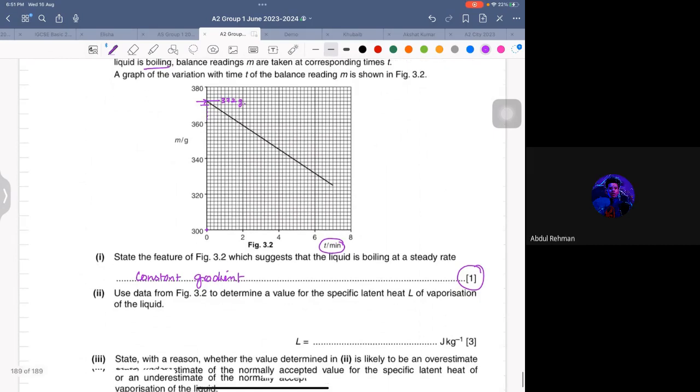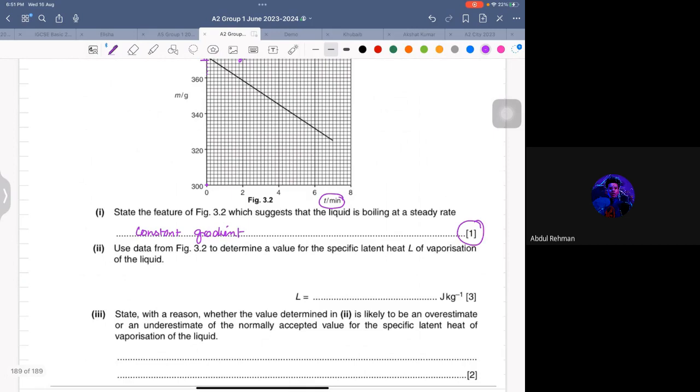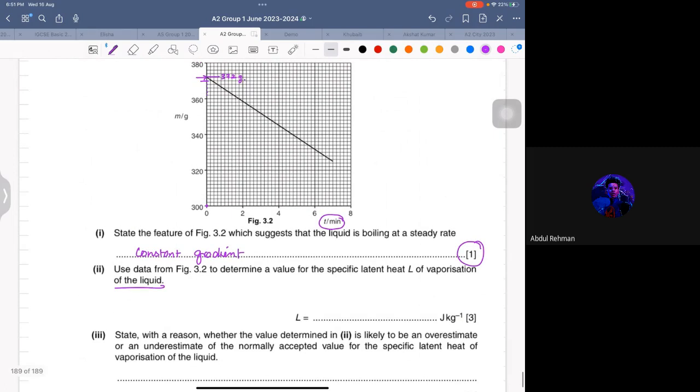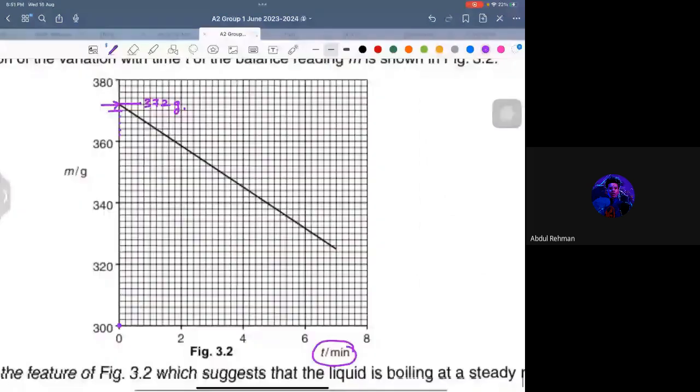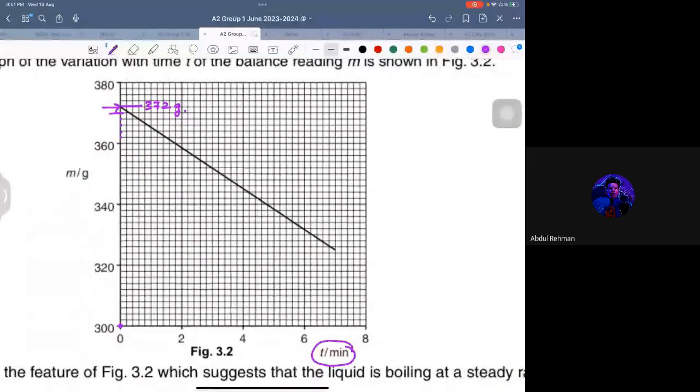Yes. Now it says use the data to determine a value of specific latent heat of vaporization of the liquid. Fine. What you should do is always try to pick the first and the last value, or you can also pick any intermediate value, because the constant gradient means you don't really need to do anything.